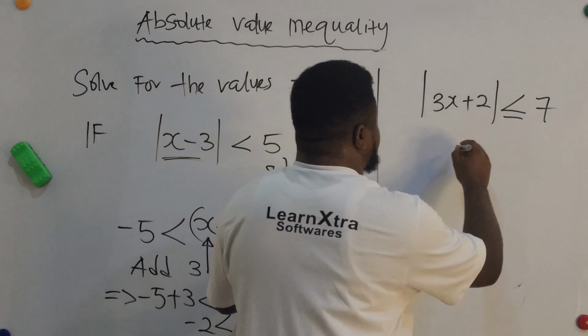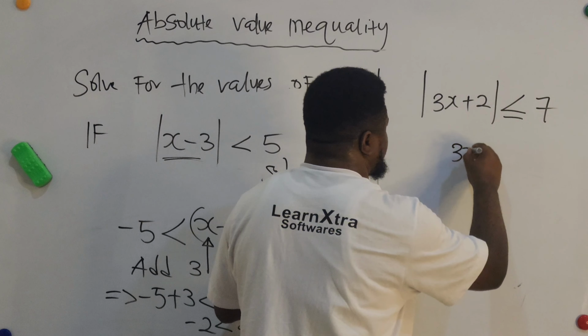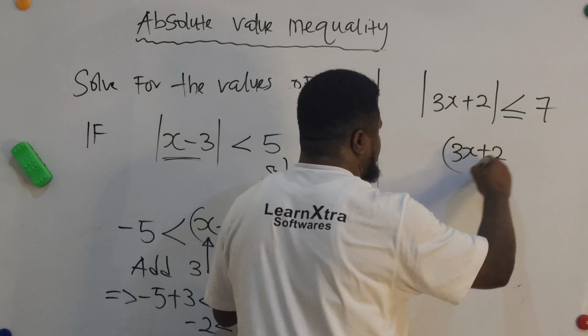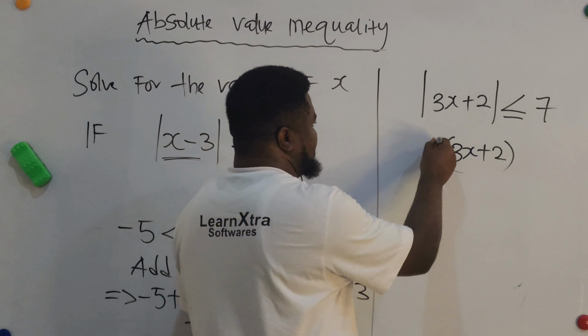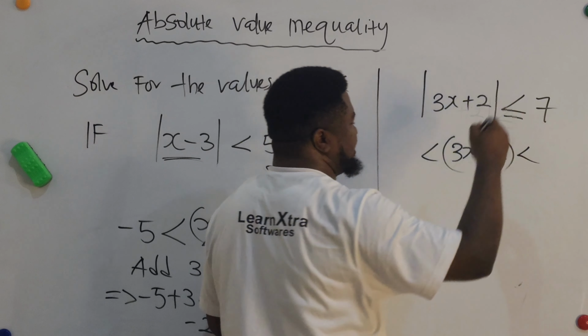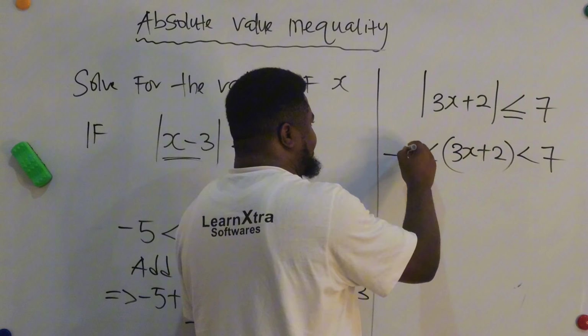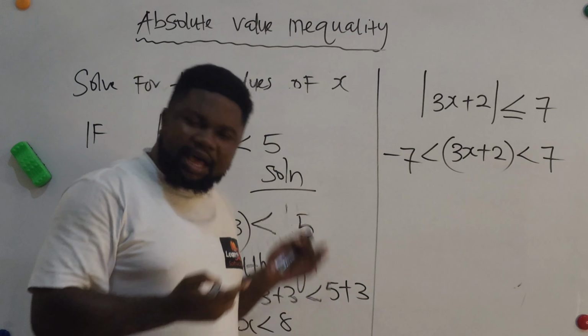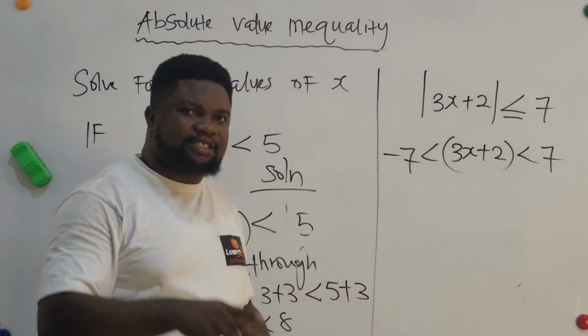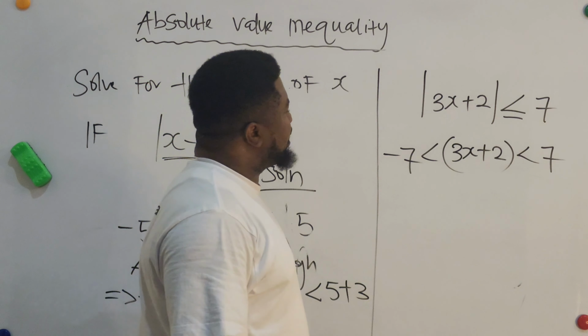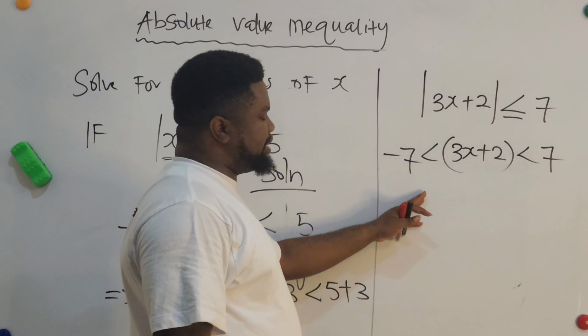That will be 3x plus 2 in the middle. Less than or equal to 7 here. How about here? Minus 7. Sam, are you following? Yes. Thank you, Sam.